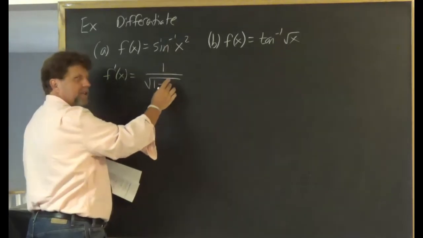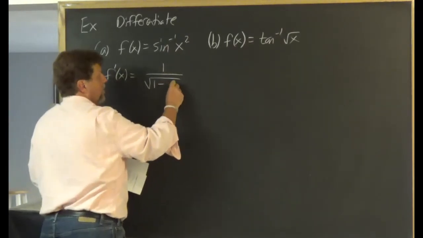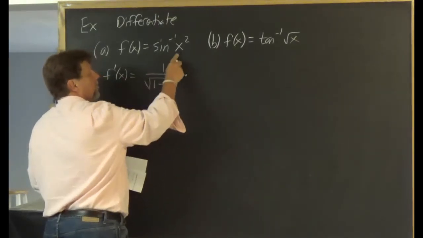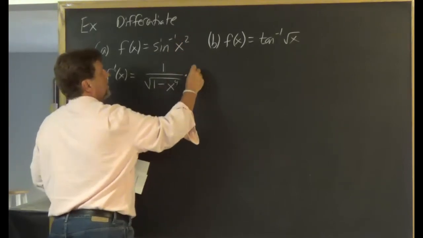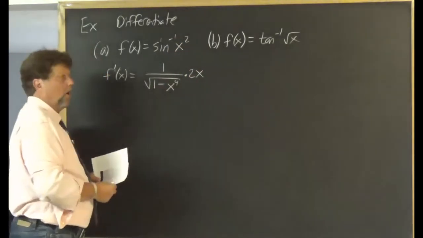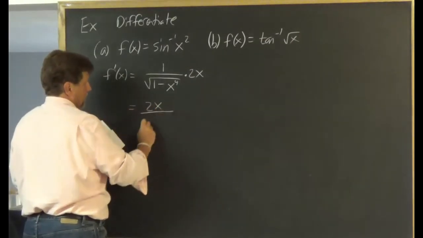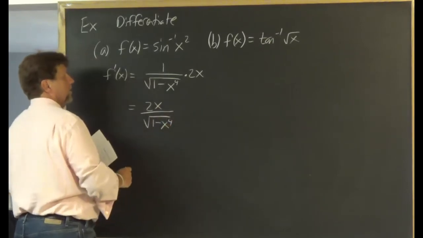So I'd have x squared squared. That's x to the 4th. Times, now the chain rule, du dx, the derivative of the x squared, which is 2x. Or if you prefer, you could write that as 2x over the square root of 1 minus x to the 4th.